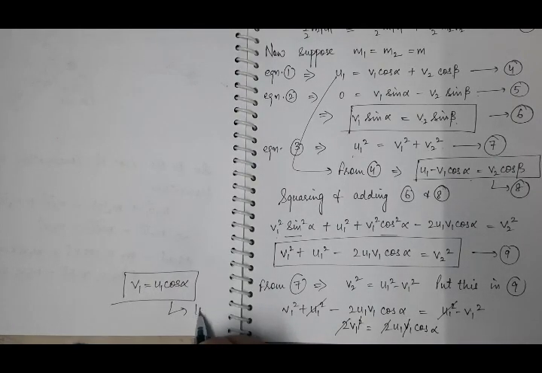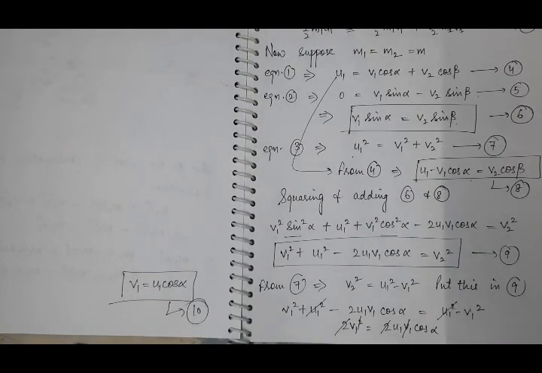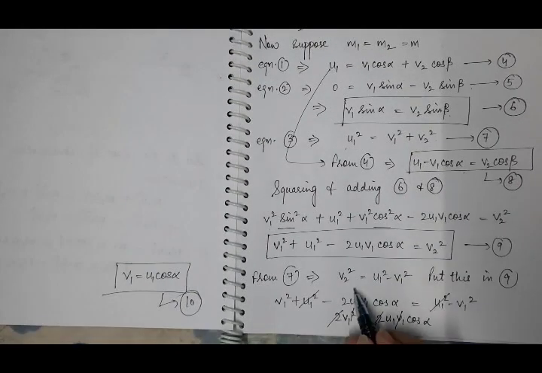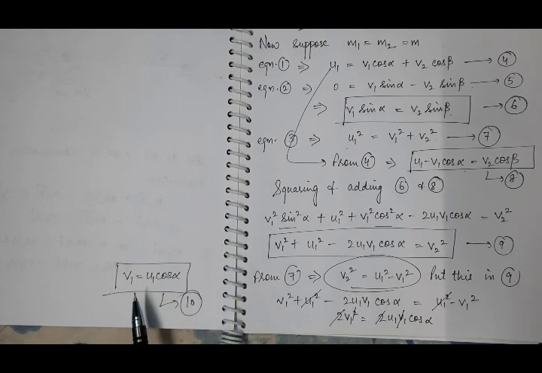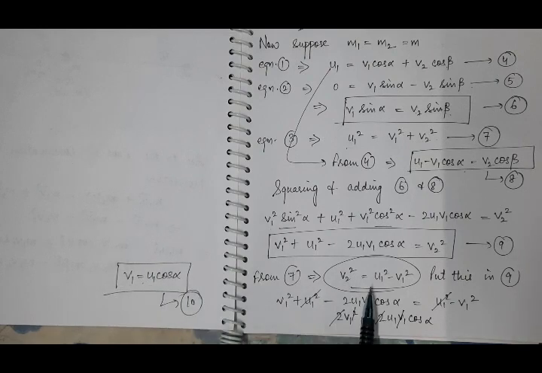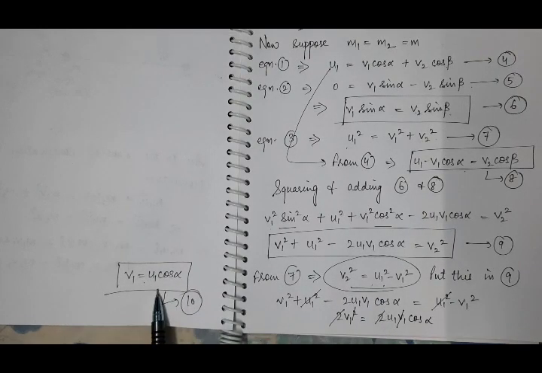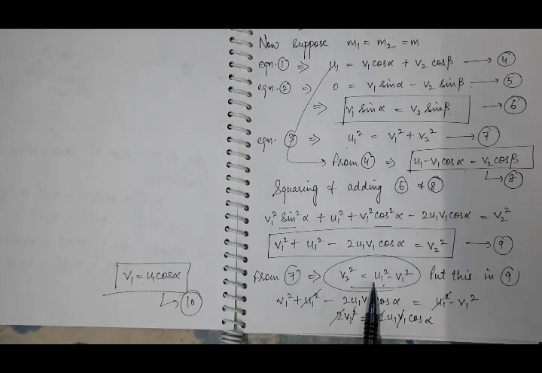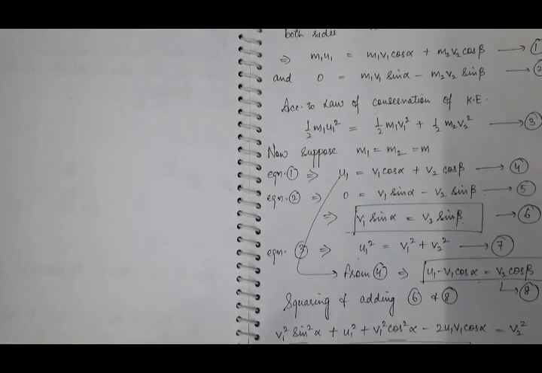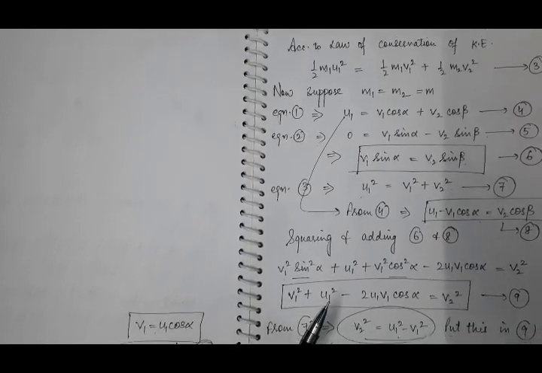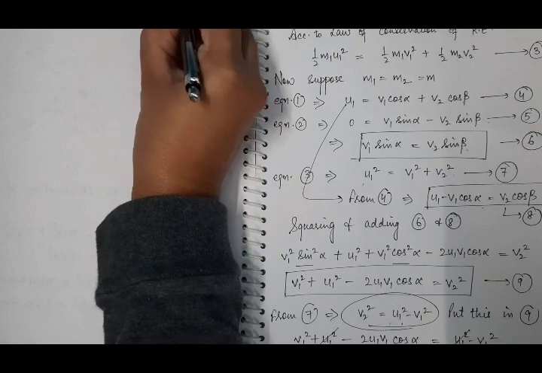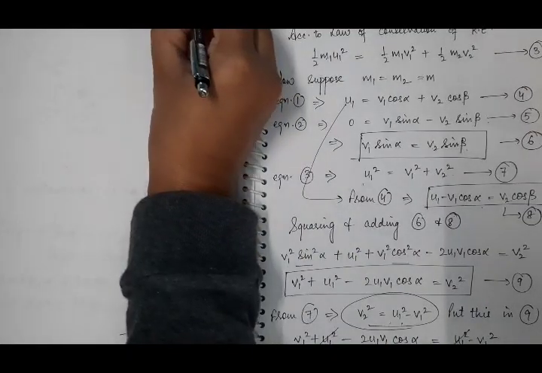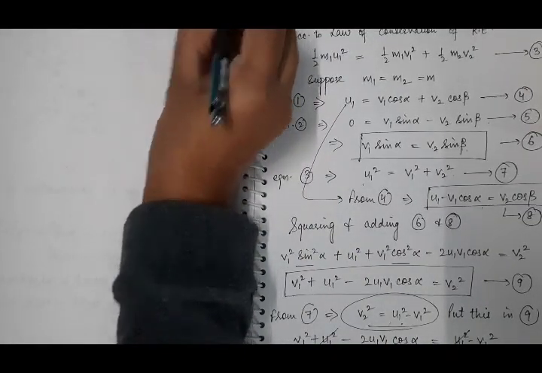Suppose this is equation 10th. So what will we do now? Now we have to find the value of v2 in terms of u1. Put this value of v1 in the earlier equation, and you will get v2 square equal to u1 square minus u1 square cos square alpha.